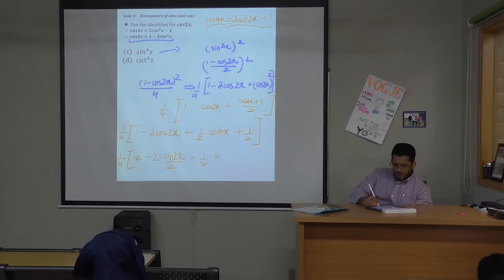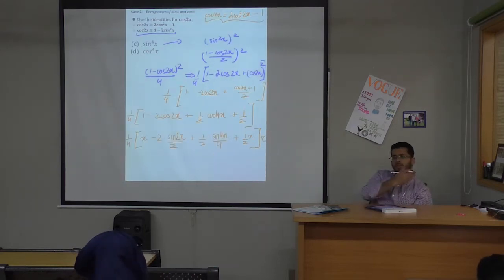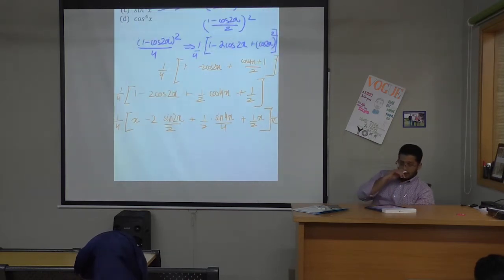It's sin 4x upon 4 plus half x. Obviously plus c, as it is an indefinite integral. Now if you simplify this result, you have the integration. The problem was the power, even or odd. It's not with a double angle. You can deal with the double angle easily.